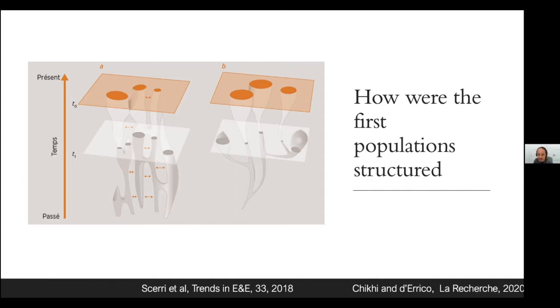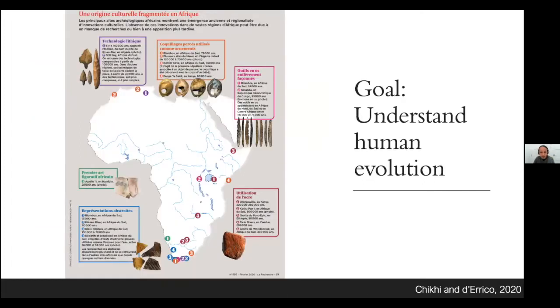I completely agree. They also go on to look at different kinds of archaeological artifacts that support this hypothesis. So they look at different stone tools or ornaments, for example, that have been identified in different parts of Africa. And I'm not an expert in interpreting those, but the big picture here is that you find similar kinds of tools and artifacts that pop up and disappear in different parts of Africa.